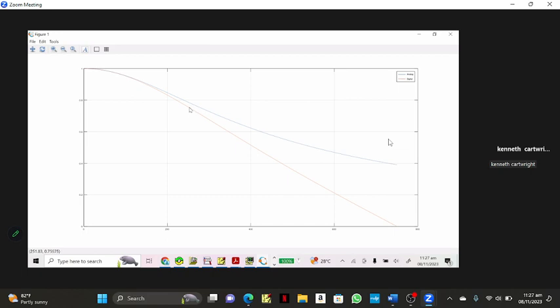okay, 0.7, it's 287. 287 hertz. So I did not achieve what I wanted to achieve.